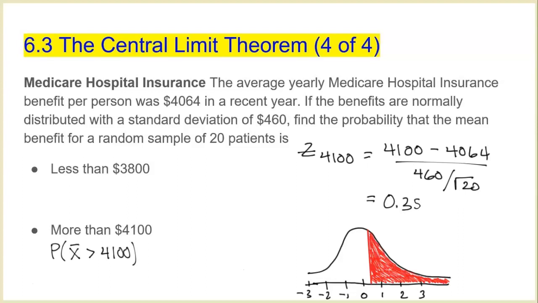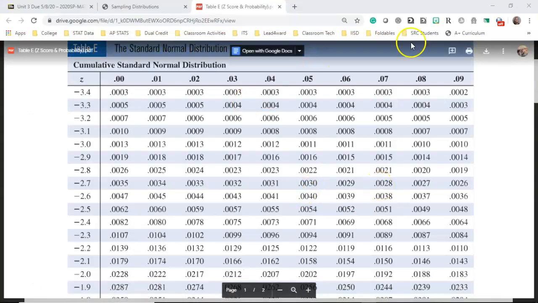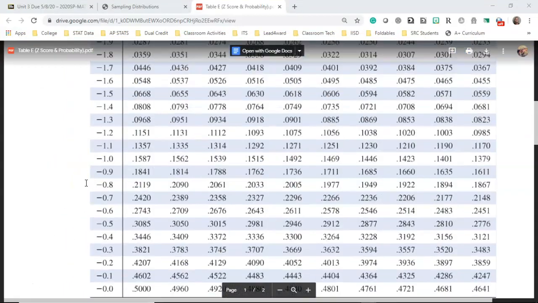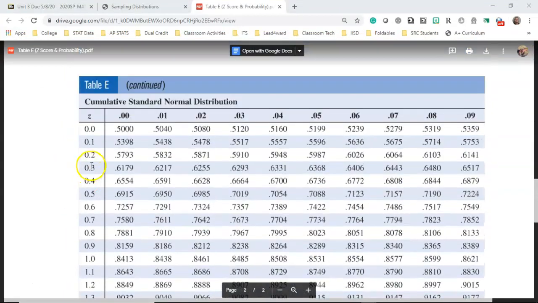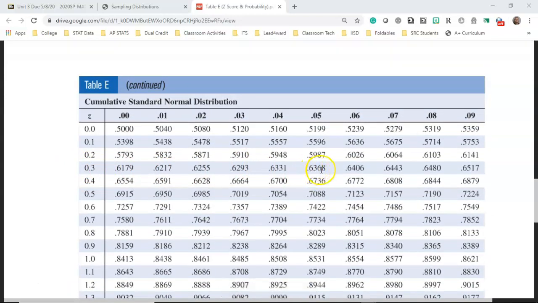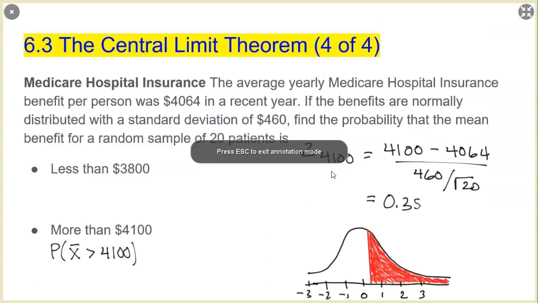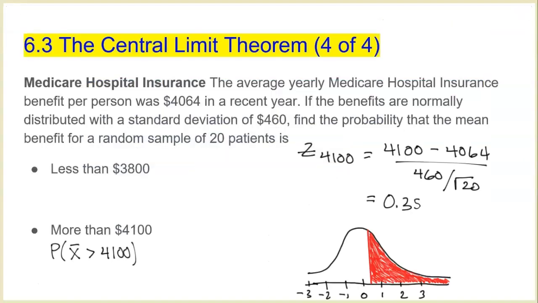And so hopefully, by now, with the practice you've gotten with utilizing table E, when I look at the table, the number I get will be the area to the left, which is the area in the white space. So if I go to my table and look at 0.35, there's 0.3 and then 5, 6, 3, 6, 8. If I go back, this doesn't look like I've shaded in more than 50% of the distribution.